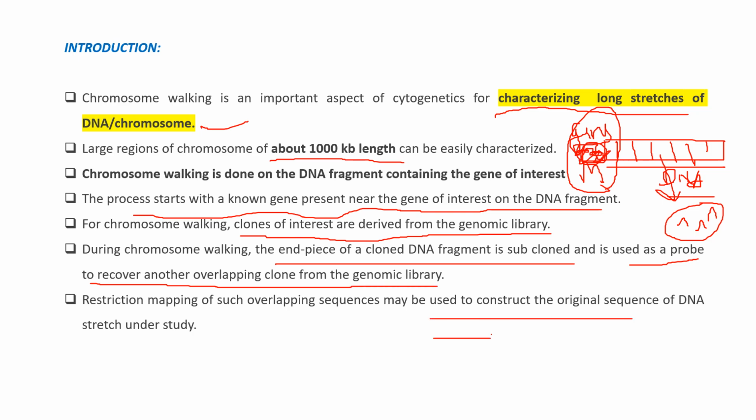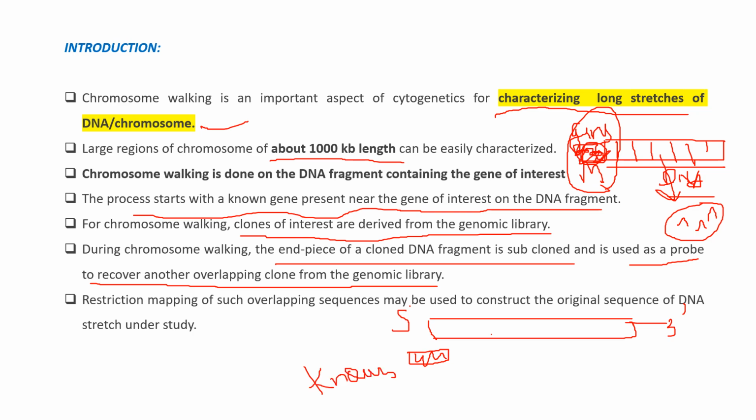What they are saying is, suppose this is an original DNA fragment before fragmentation and before preparing the gene library, and now you have one known gene present at the 5' end of this chromosomal fragment. This is known DNA.